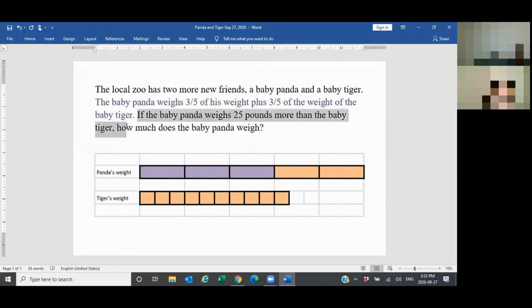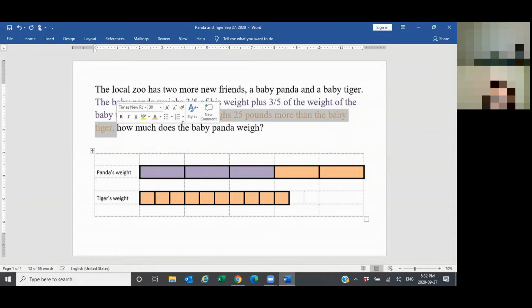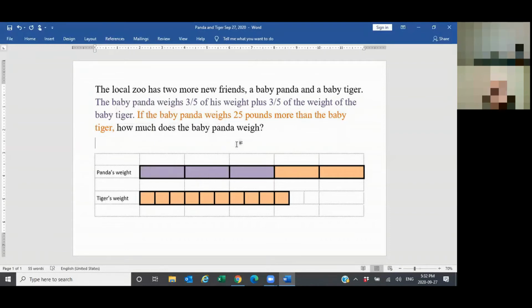The second sentence will be orange for tiger, because it's more about tiger. The other sentence is more about panda. That's way too light for font. Yeah, this is better. Now we can really see it. Alright, so we have all of our things.